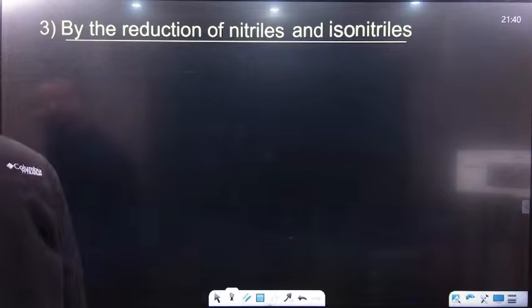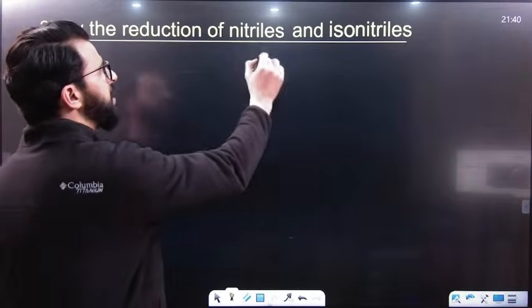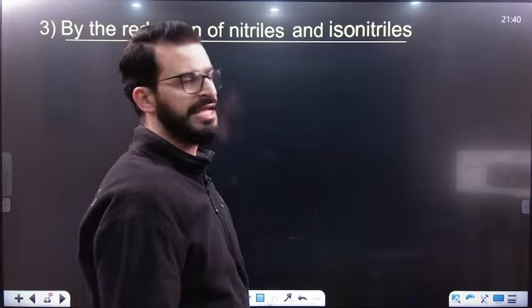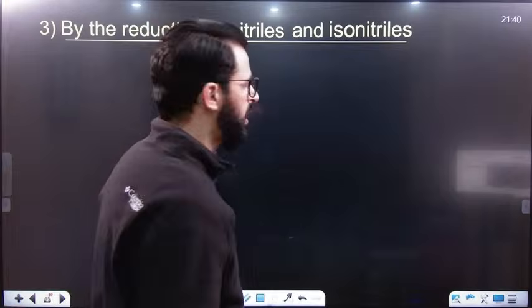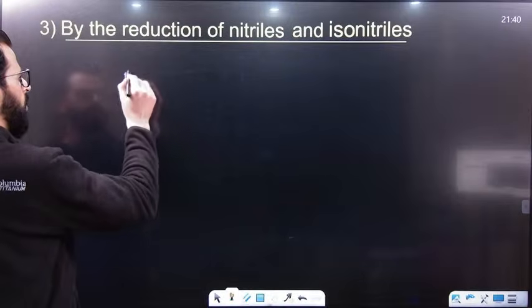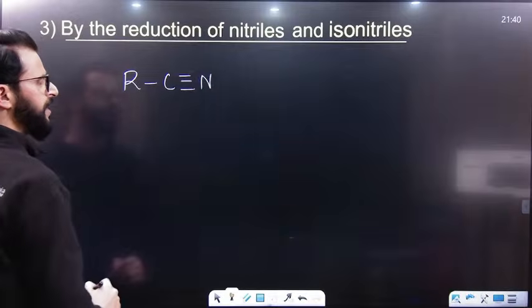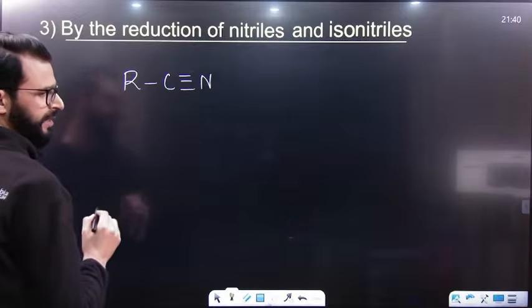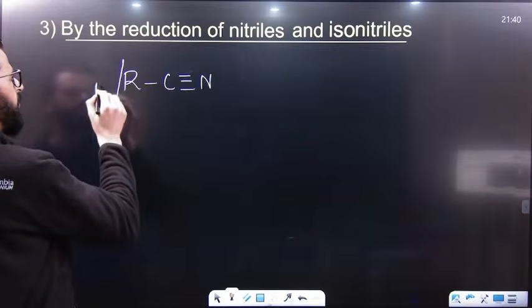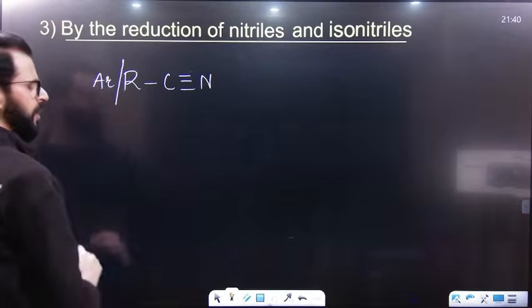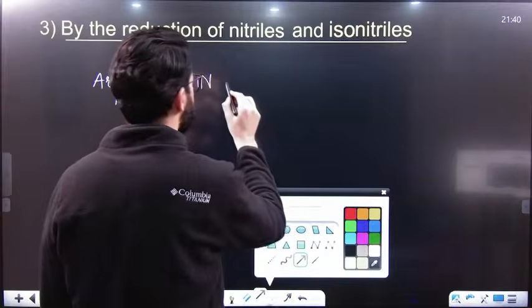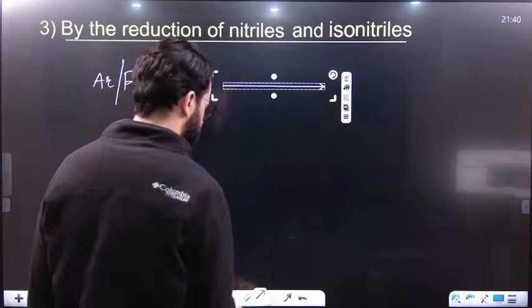Now, after that, we are having reduction of nitriles. What is nitrile? Alkyl cyanide. What's isonitrile? Alkyl isocyanide. Have a look. If you are having aliphatic or aromatic nitriles, they are treated with reducing agents.